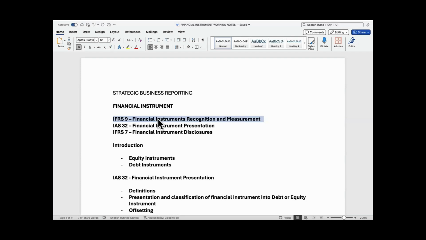It will show the amount of interest you're supposed to earn, when you're supposed to earn it, and the fact that it's tradable. So that's contractual cash flow. The cash flow must be backed up by contracts. But fundamentally, the essence of the business model test and the contractual cash flow test is for classification, because this debt investment has to be classified at the date of acquisition.